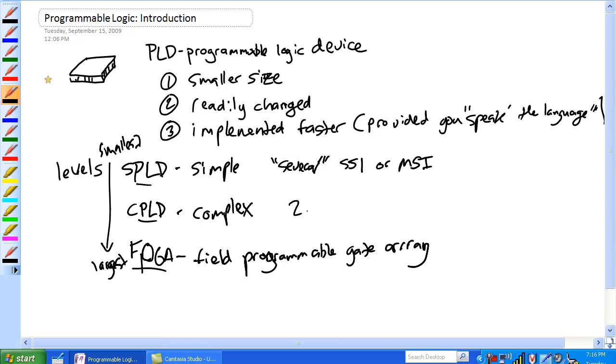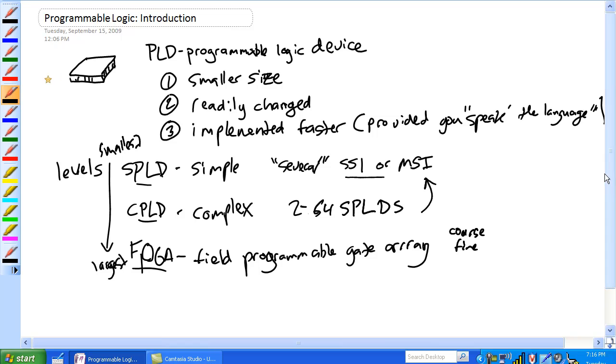Now CPLD, 2 to 64. See how these are smaller units? And a CPLD is made up of this. FPGA, there's no real definition, but again, it's just huge. I think what we find is coarse and fine. We'll get into these things. But just notice that smallest to largest.